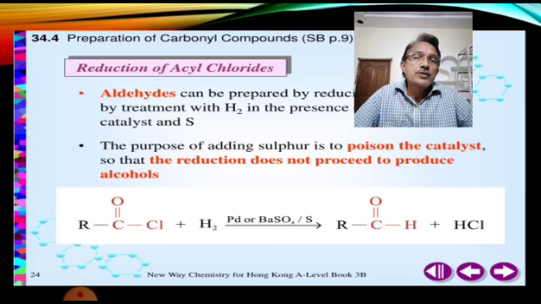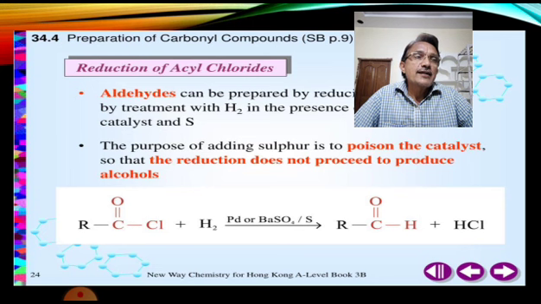Similarly, Fehling test. Alkaline solution of copper tartrate is called Fehling solution. So by Fehling test we can identify aldehydes from ketones, because only aldehydes give Fehling test, ketones do not give Fehling test.